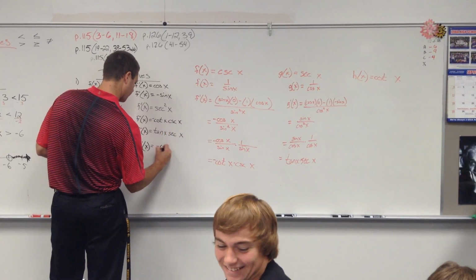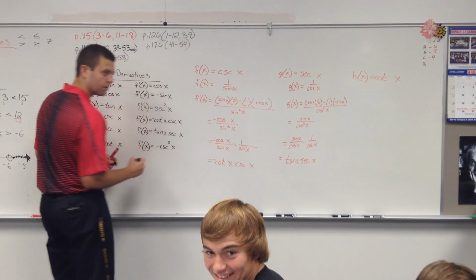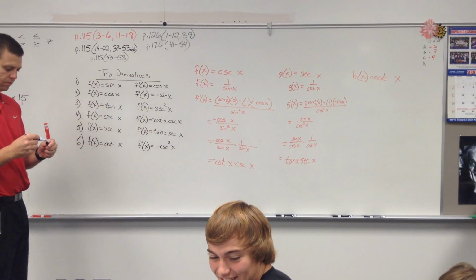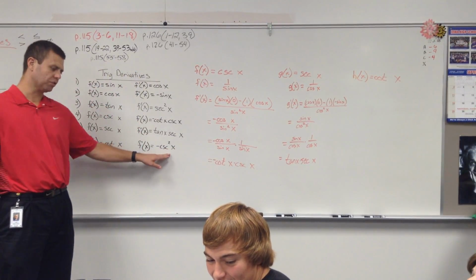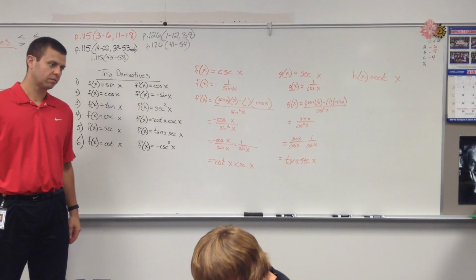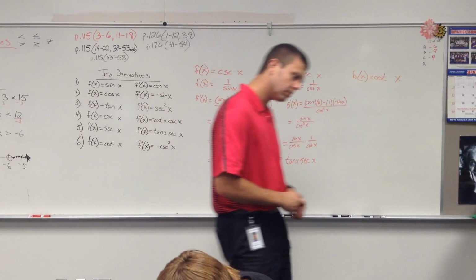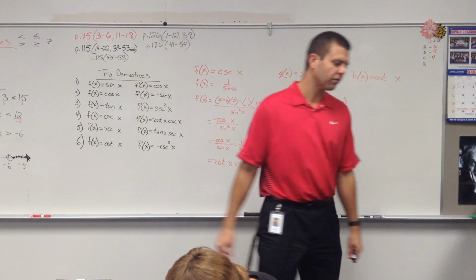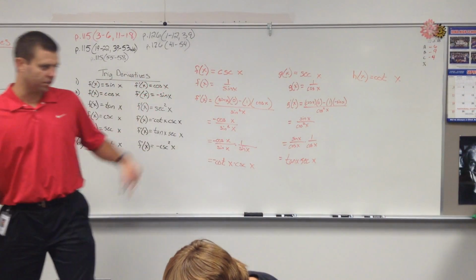You got negative cosecant squared, right? Nick, did you get negative cosecant squared for cotangent? Yeah, which is negative cosecant squared. 1 over sine is cosecant.